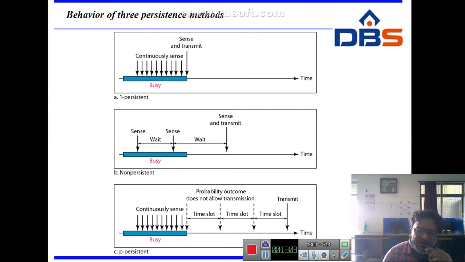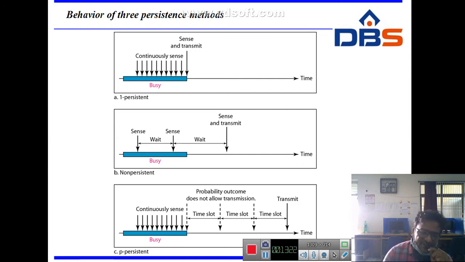Here, first one station senses at one point of time. If that station finds the line busy, it waits for a random amount of time. After that time it senses again, finds the channel busy again, and again waits some random amount of time.